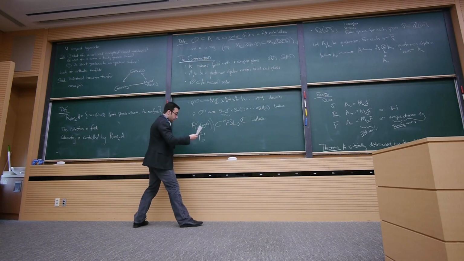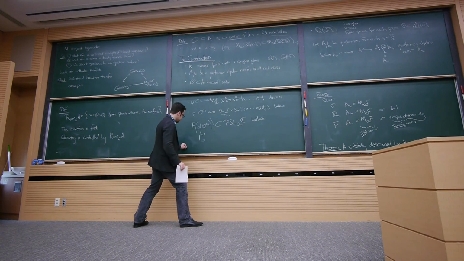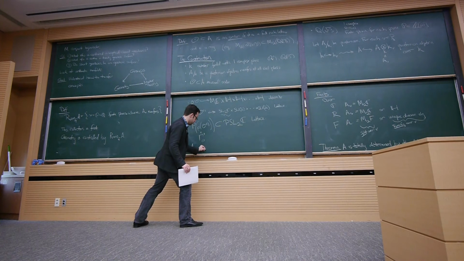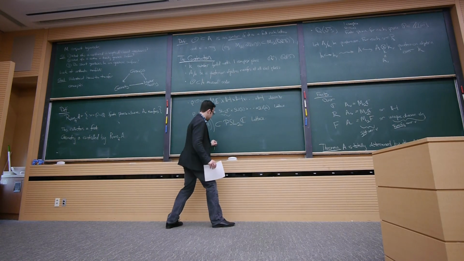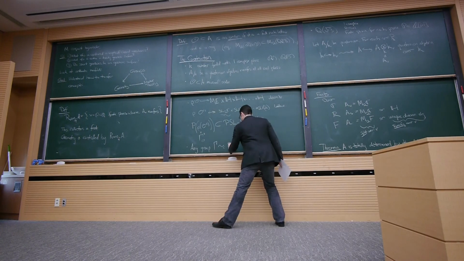Anyway, the point is that any group gamma commensurable to this thing here is arithmetic.